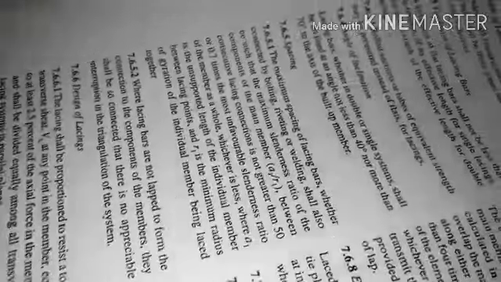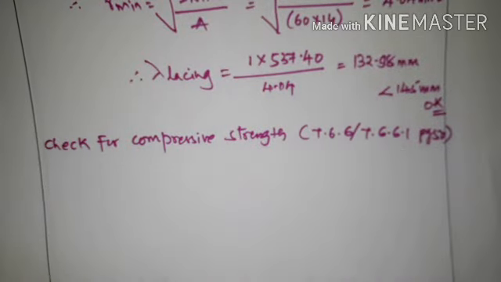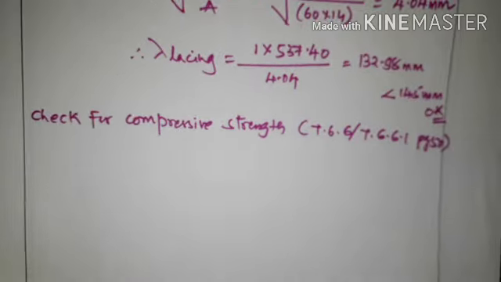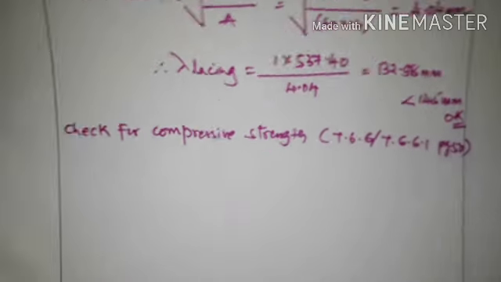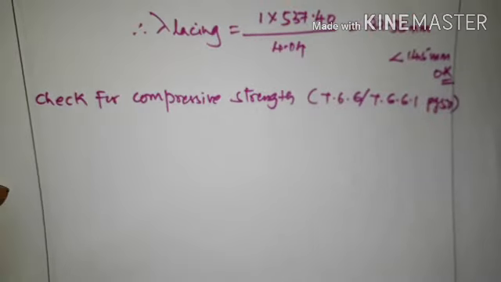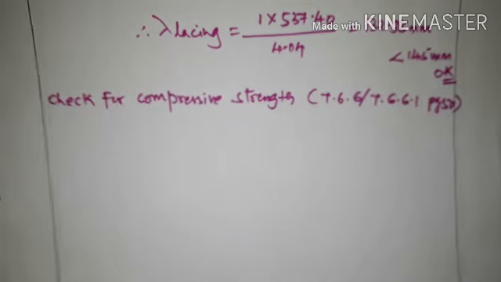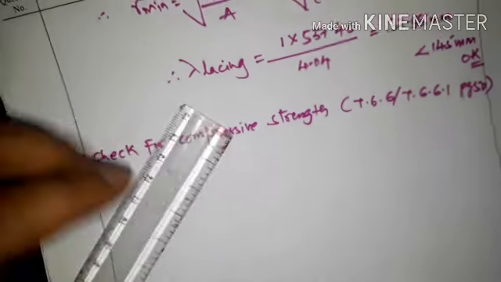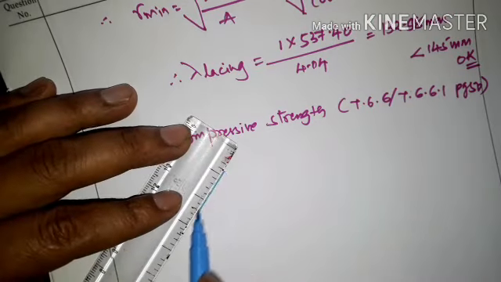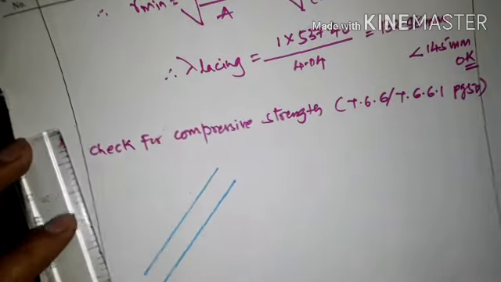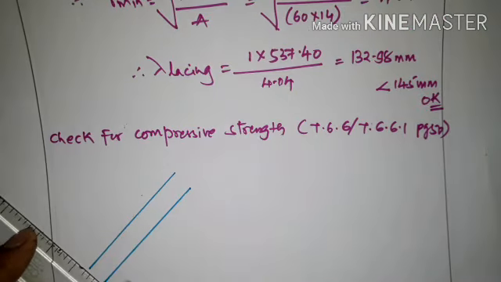So we have to find out the transverse shear first. I'll just show it here. We have the two lacings like this. We have the lacing like this.